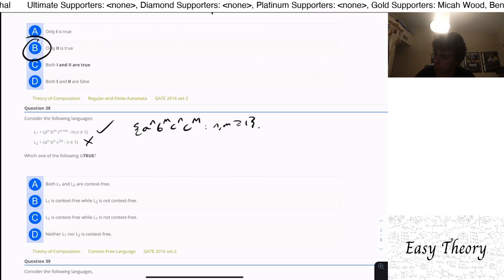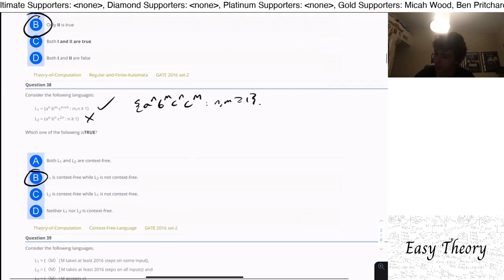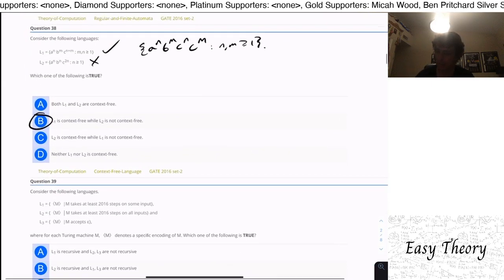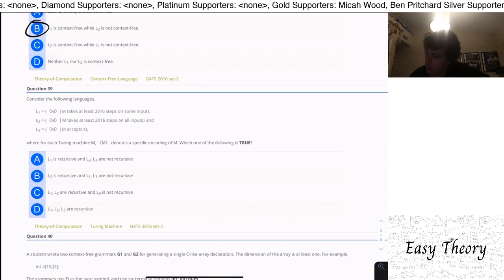So L1 is context-free, L2 is not. So B is the answer there. Okay. We did this one. Actually, this was the first one I did.